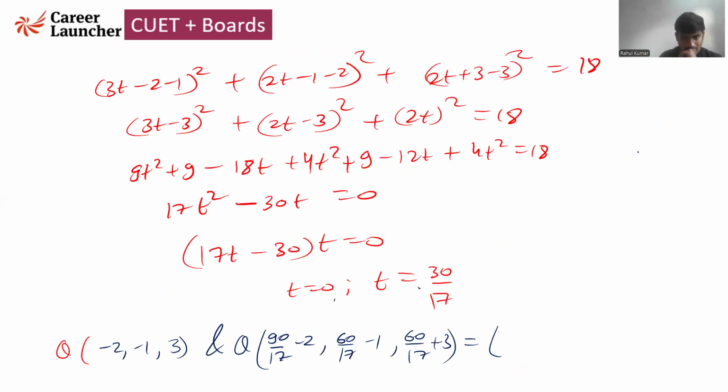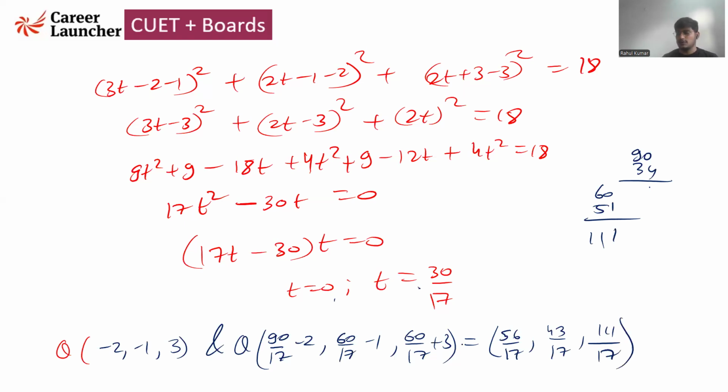So your point will be 90 minus 34, which is 56 by 17, 43 by 17, and 60 plus 51 gives 111 by 17. So this is your answer as a point.